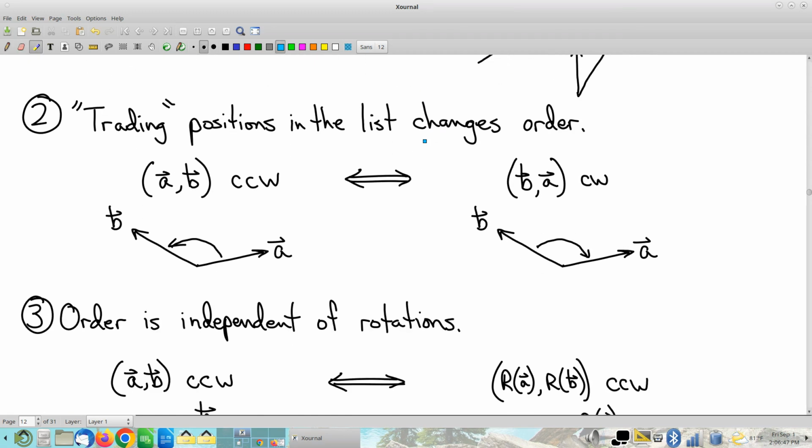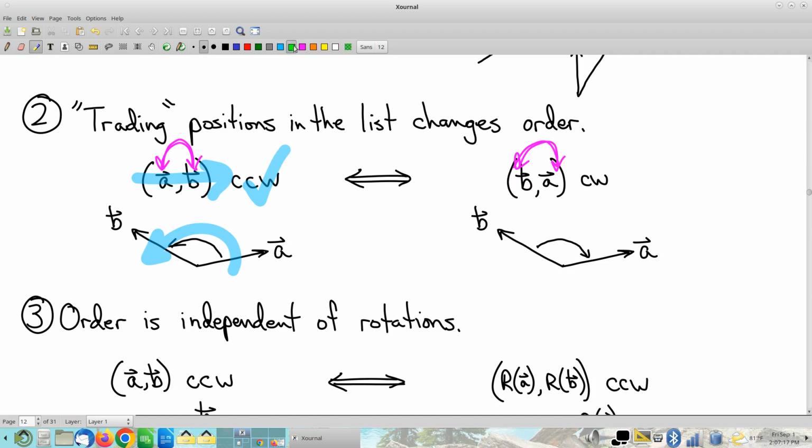If you swap out the positions of the vectors in the list, if you take the first vector and make it second, and the second vector and make it first, right, that turns AB into BA. Let's see here. Oh, whoops, I want to be in the highlighter mode. Highlighter mode. There we go. A to B is counterclockwise, right?